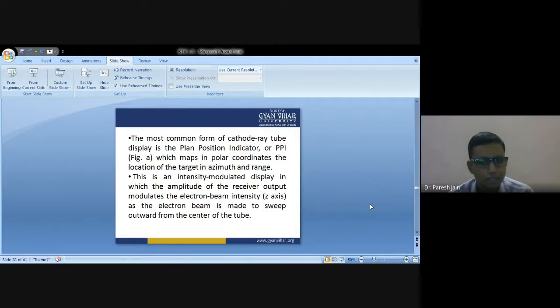This is an intensity modulated display in which the amplitude of receiver output modulates the electron beam intensity, z-axis, as the electron beam is made to sweep outward from the center of the tube.